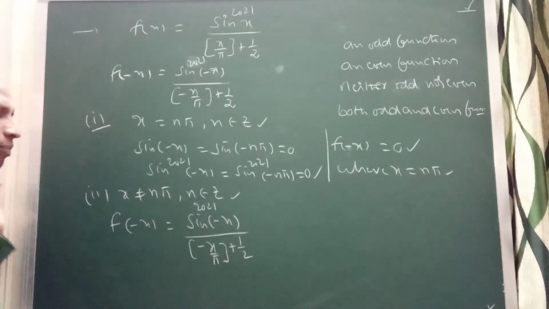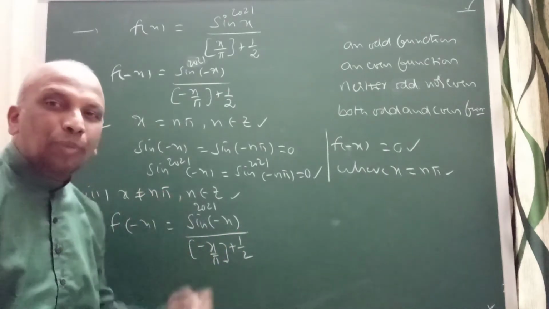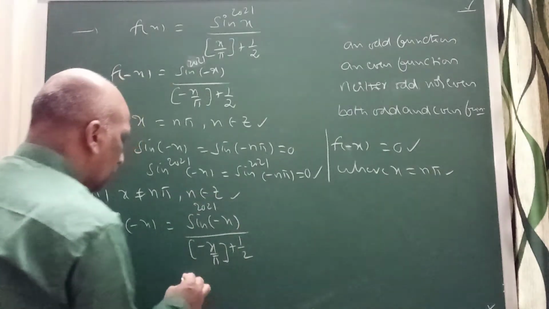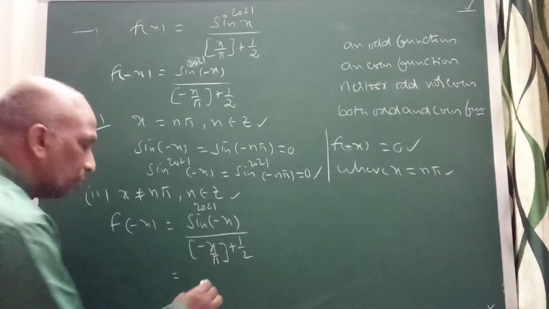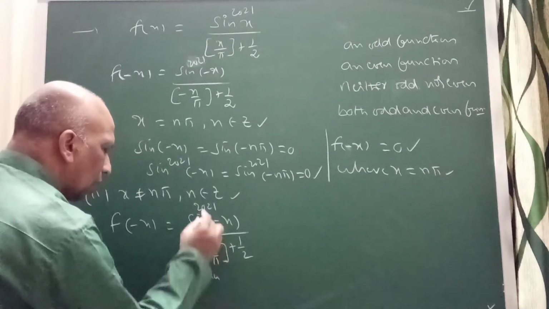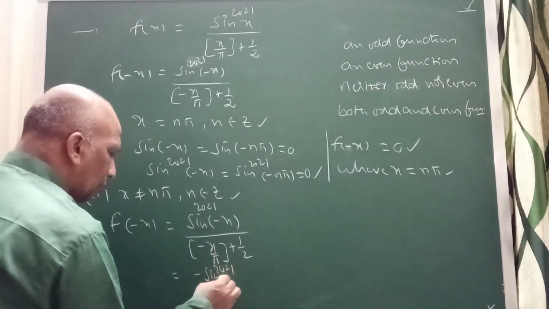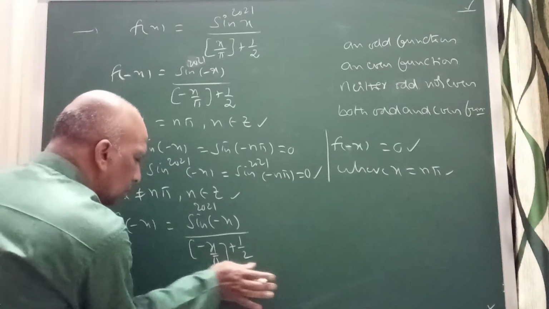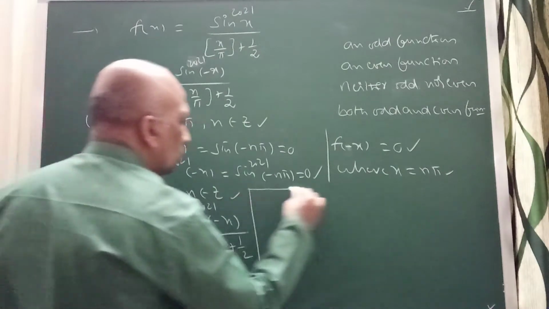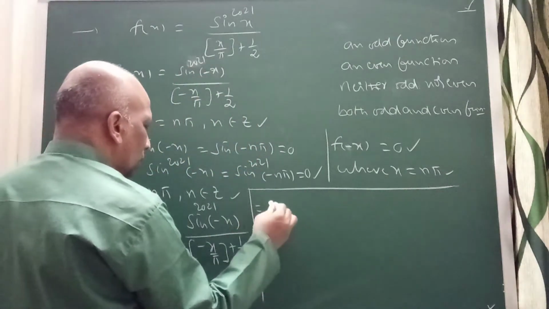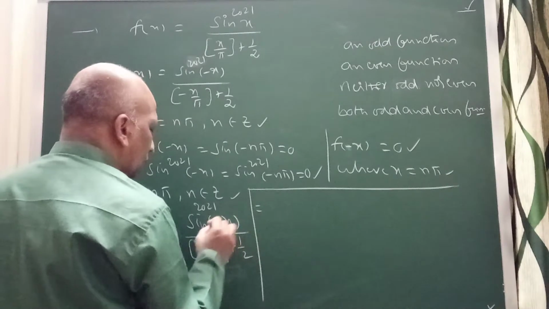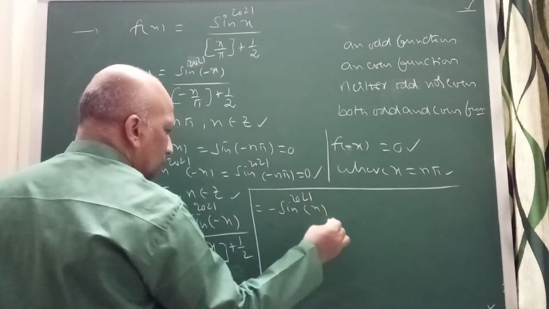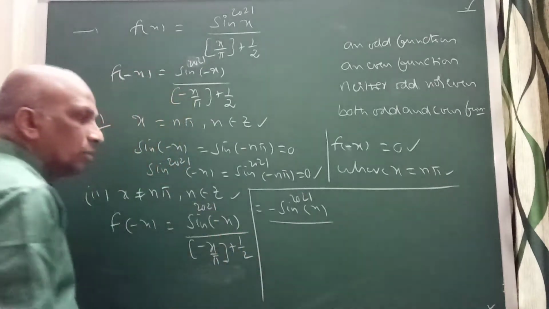Since x is not equal to n pi, sin of minus x is minus sin x, so I can write this as minus sin 2021 of x, that is, minus sin x to the power 2021.